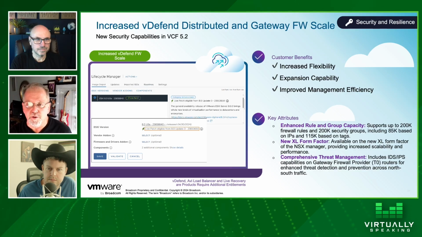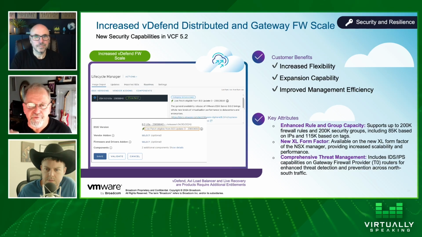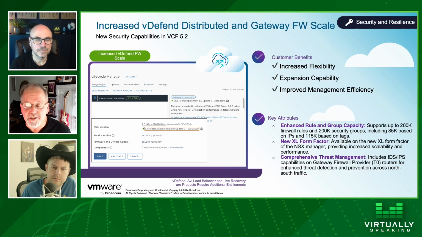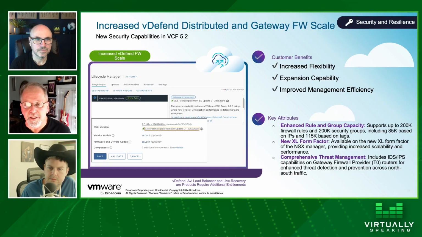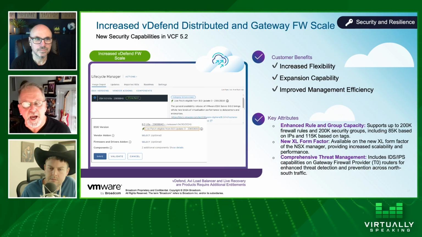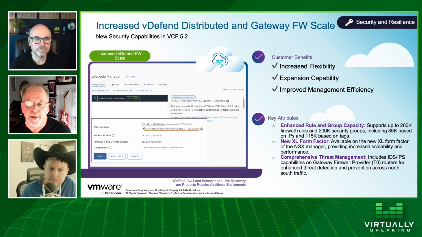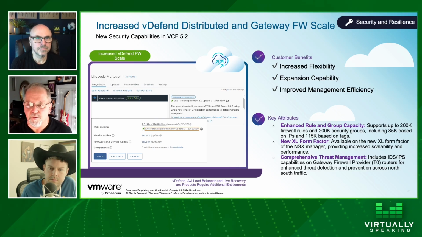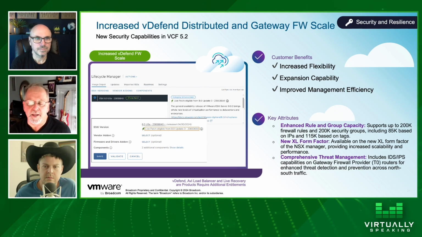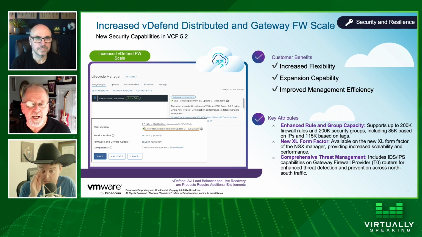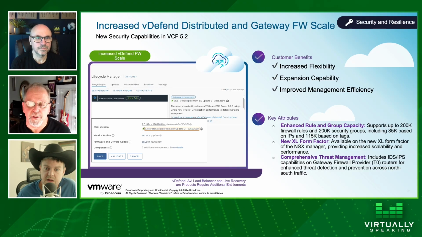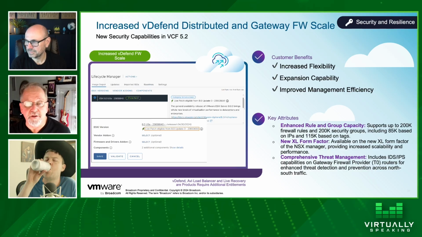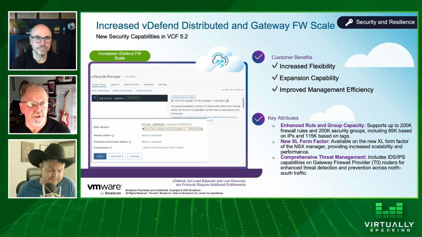It gives you a full matrix of what's being brought in in terms of potential threats, how I respond to those threats, and then in the unlikely scenario that something happens, I can leverage VLR to recover from any intrusion, whether it be malware, ransomware, whatever it is. So super powerful tools. And again, this is an area where you're going to see more investments and more announcements around vDefend at Explorer this year.